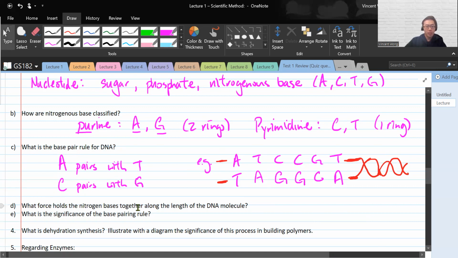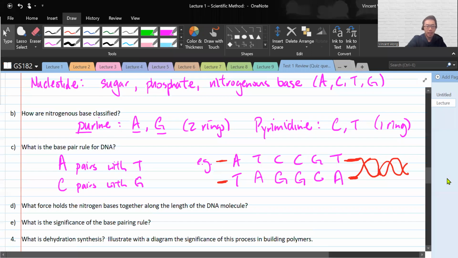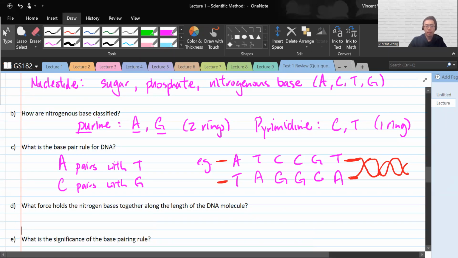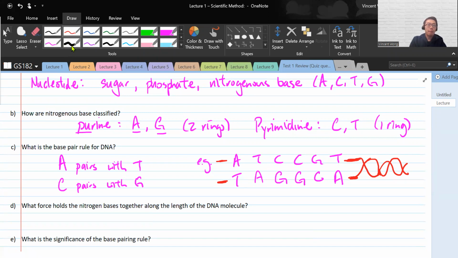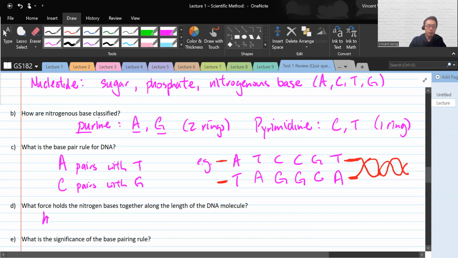What force holds the nitrogen bases together along the length of the DNA molecule? In other words, what's holding the A and the T and the C and the G? That turns out to be hydrogen bonds.